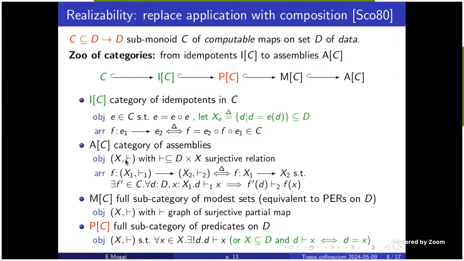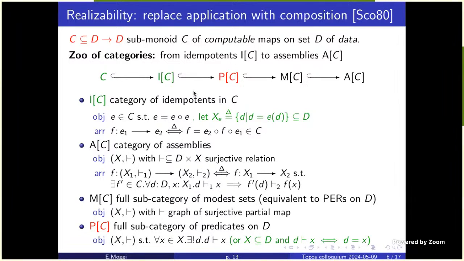So this relation should be a surjective relation. So every x has at least one D representing it. And arrows are just set-theoretic functions for which there is a computable function that transforms a representation of x into a representation of f of x.